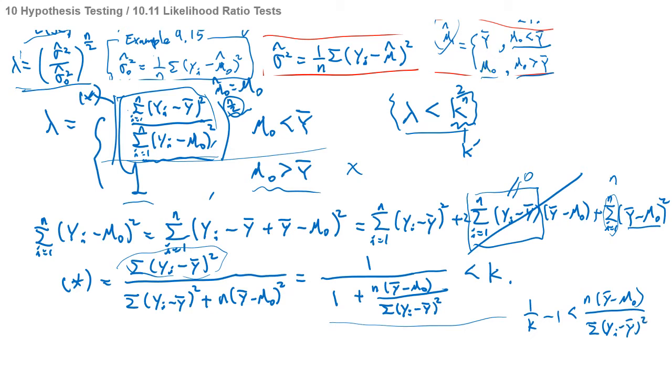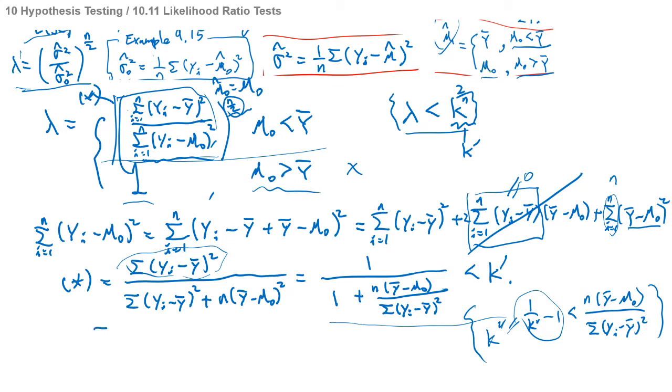Okay, and we can set up this one as the other k. So let k to the 2 over n be k dash. So this is k dash, and 1 over k dash minus 1 is the other k2 dash. And this is our rejection region. And let's think about this situation.